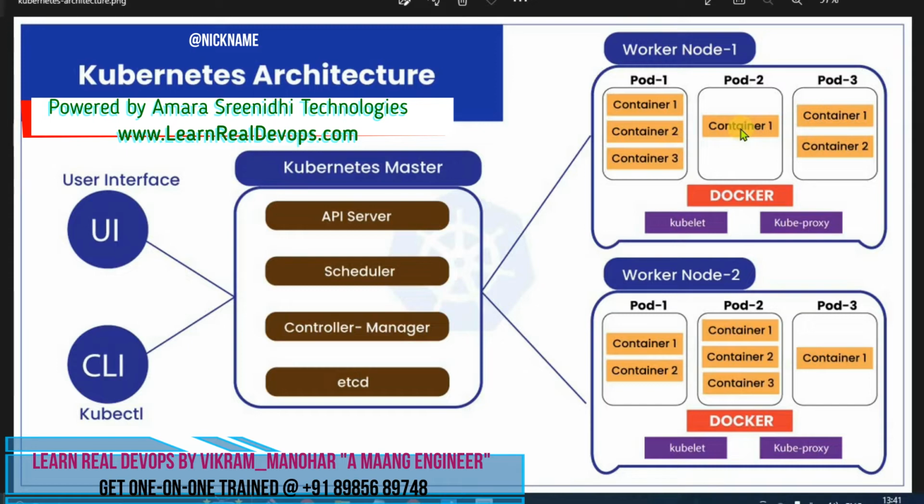The reason is that it will have an operating system without a kernel. So the question is, from where will the kernel be used? The kernel will be used from the host machine. So this is how a container works.